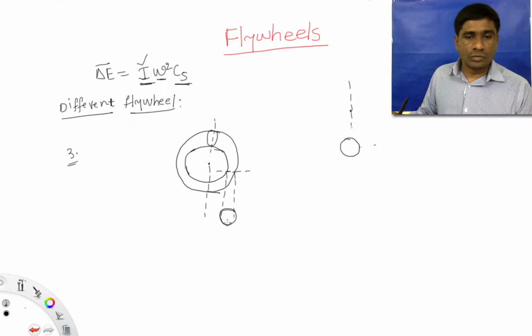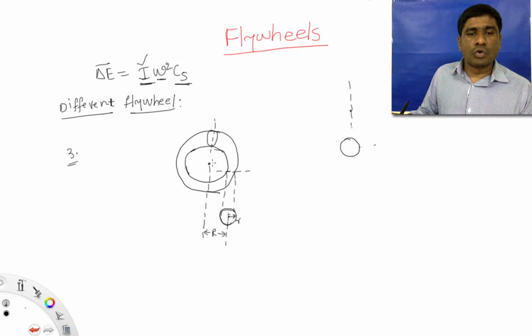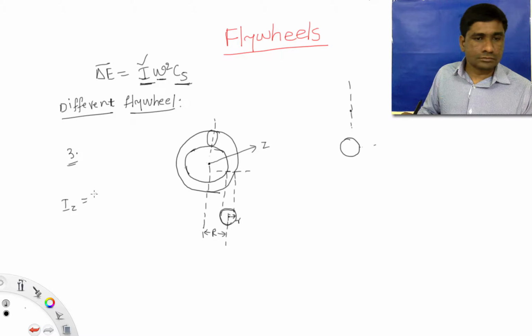If the radius of this circle is small r, and the distance from the center of the axis to the center of this circle is capital R, then the moment of inertia about the z-axis is given as Iz equal to 3 by 4 small r square plus capital R square.